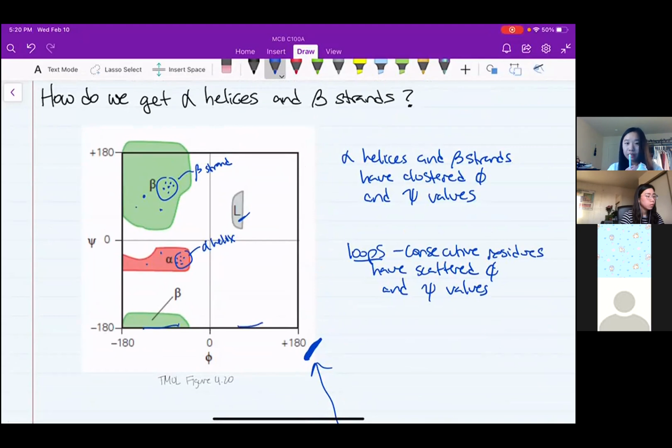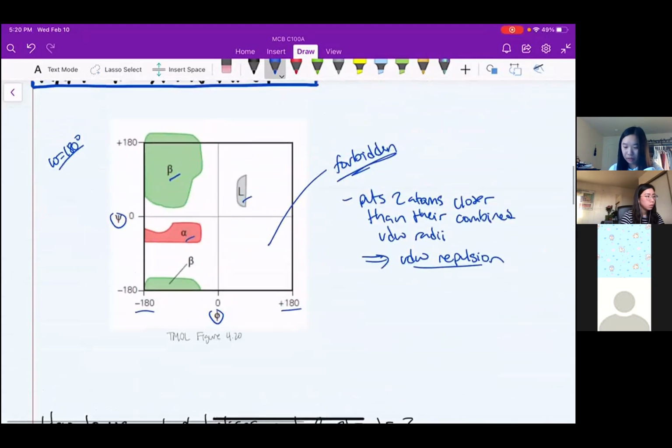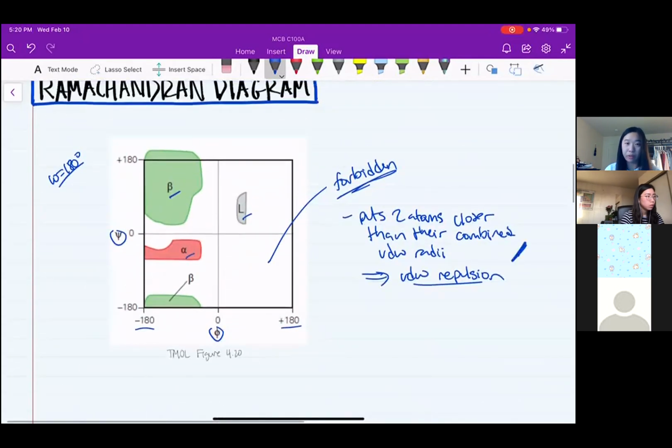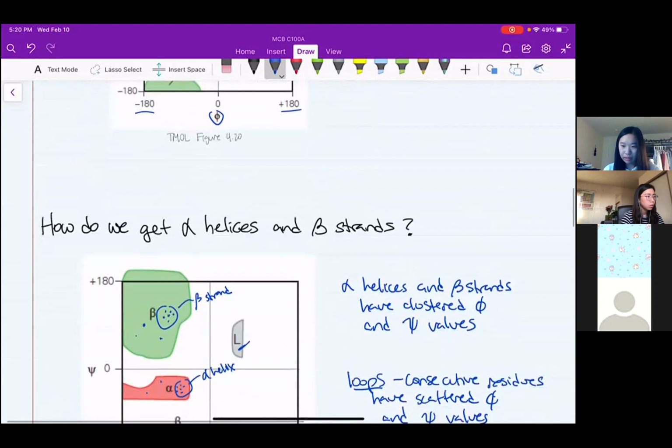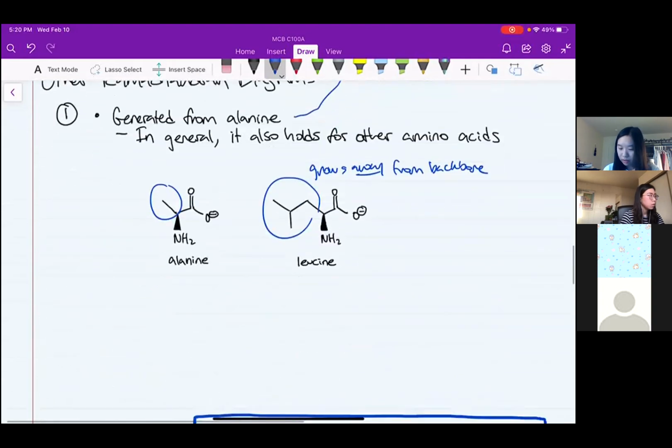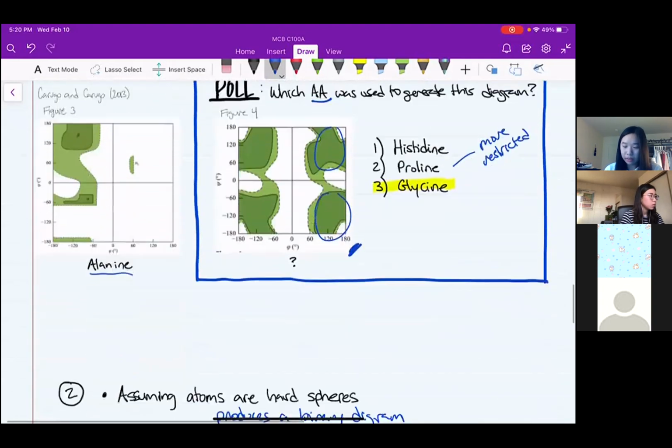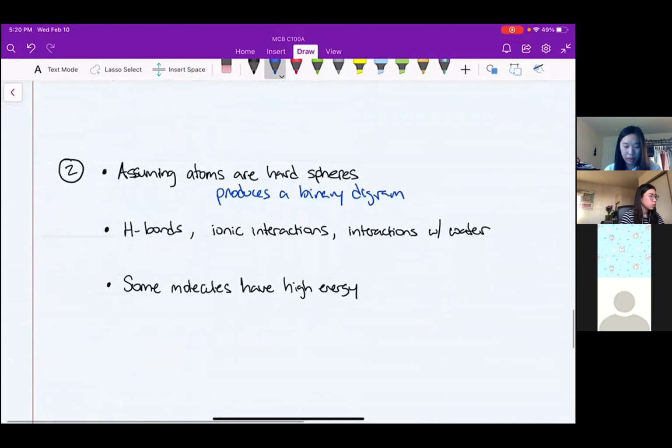You either have no collision, or you have collision. So it's purely based on comparison with your van der Waals radii. But as you know, there are other energy terms besides van der Waals. You also have hydrogen bonds, ionic interactions, and interactions with water that could provide some degree of stabilization.